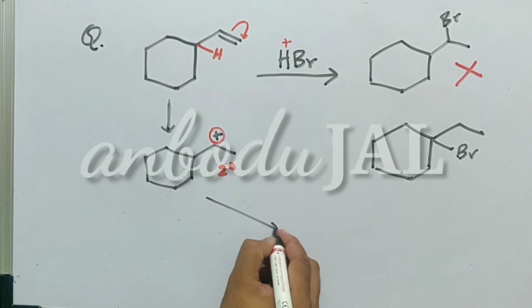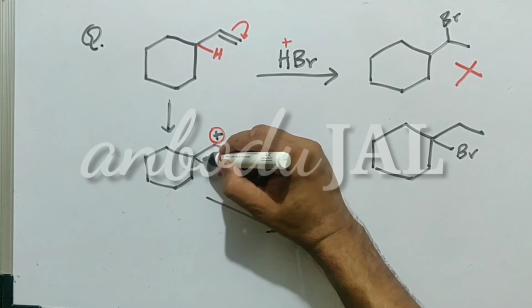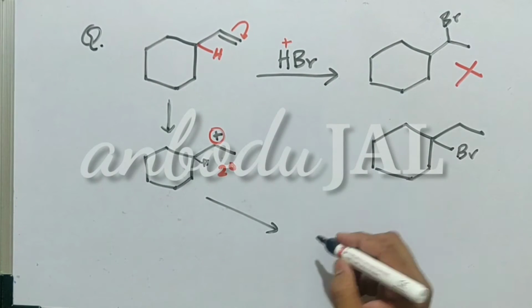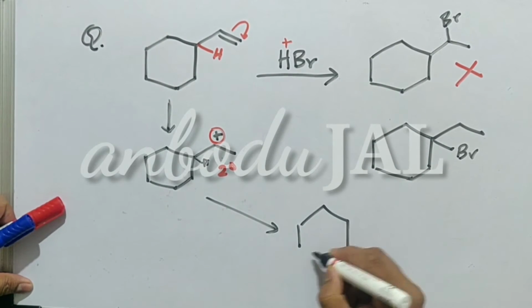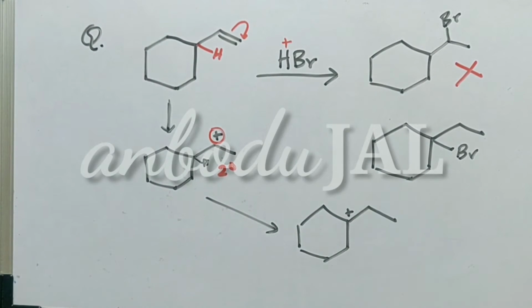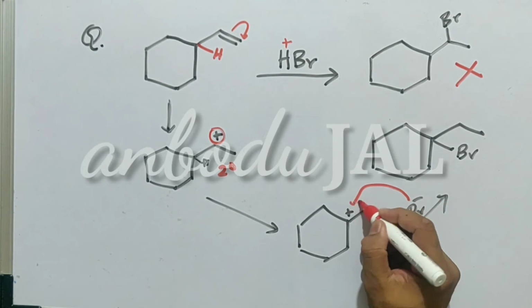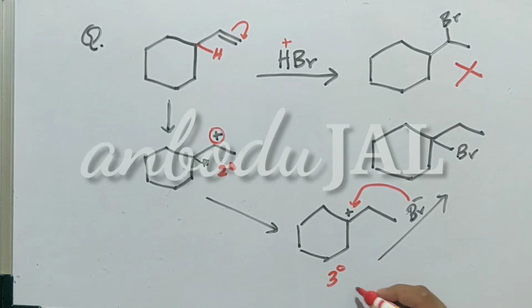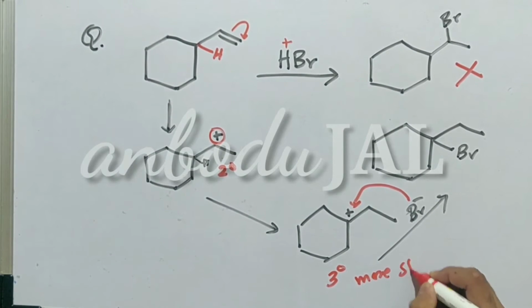So for that purpose, H minus will be shifted to this carbon. Okay. As a result of this, the carbocation formed is nothing but this one. Okay. Br minus is attached to the tertiary carbocation. This is a tertiary carbocation, which is more stable.